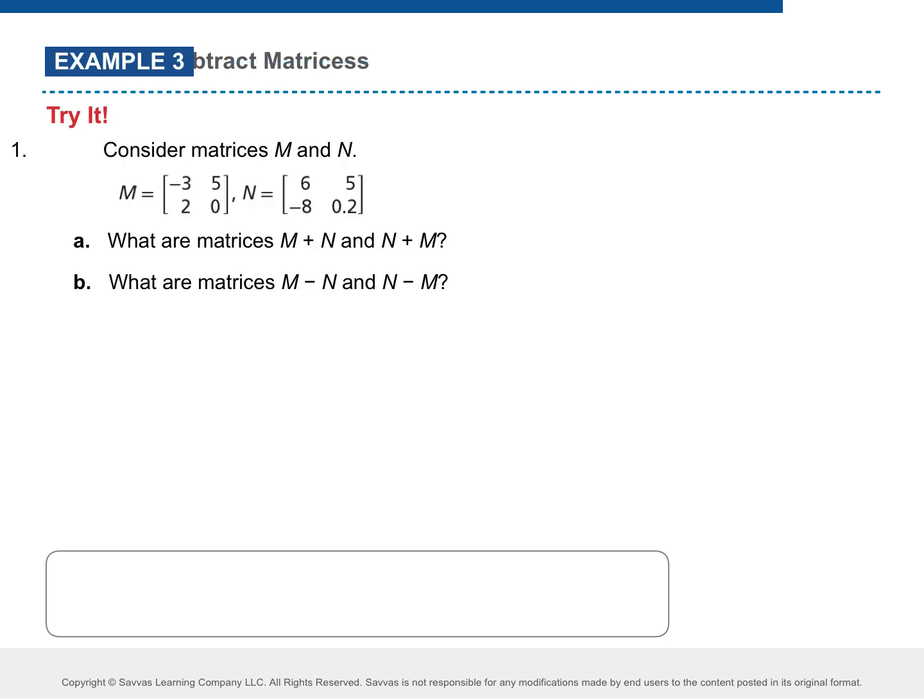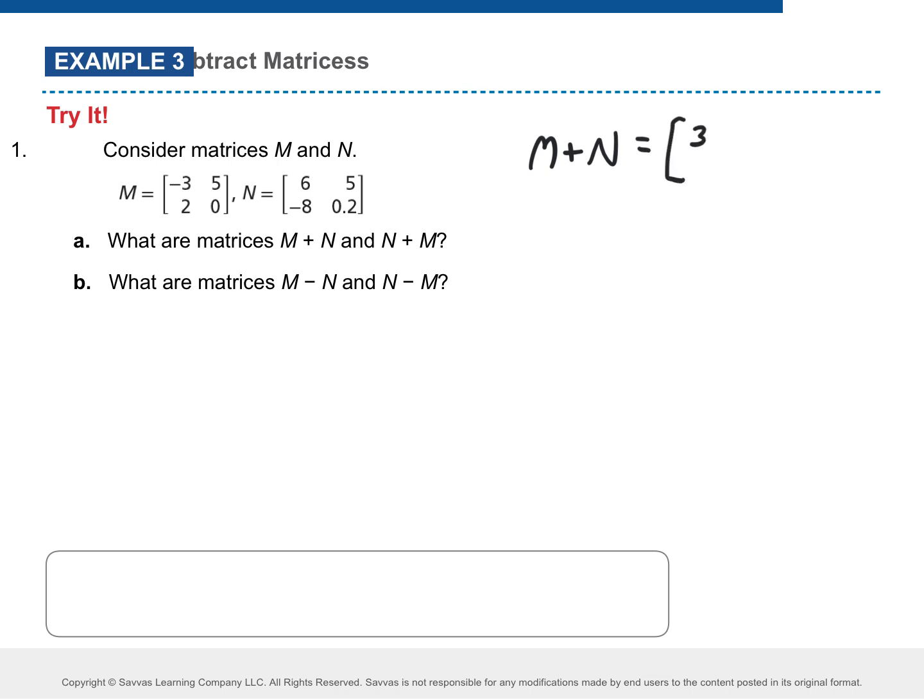Let's do example 3A, M plus N. Keep track of those orders. You do not have to rewrite the matrices every time. So M plus N, I'm going to add together negative 3 plus 6. I'm making a new matrix. Negative 3 plus 6 is positive 3.